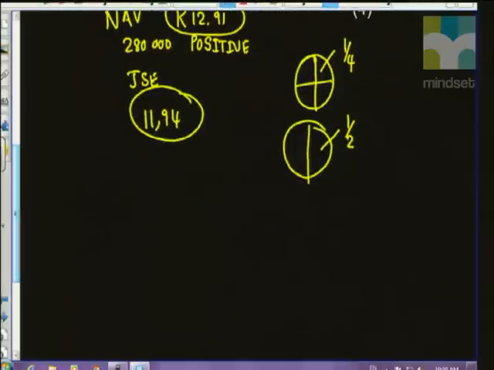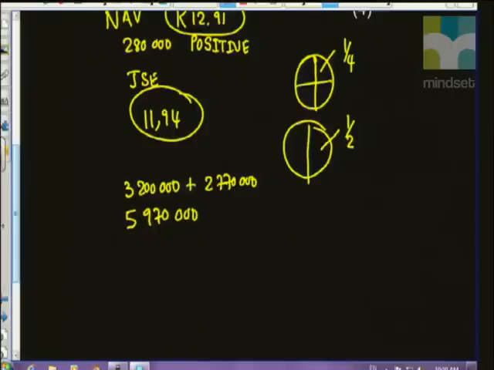Let's take this example further. If we say that the repurchase of the 220,000 shares did not take place, what would have been our shareholders' equity? It would have been 3,200,000, right? Plus the 2,770,000, okay? To give me a total of 5,970,000.